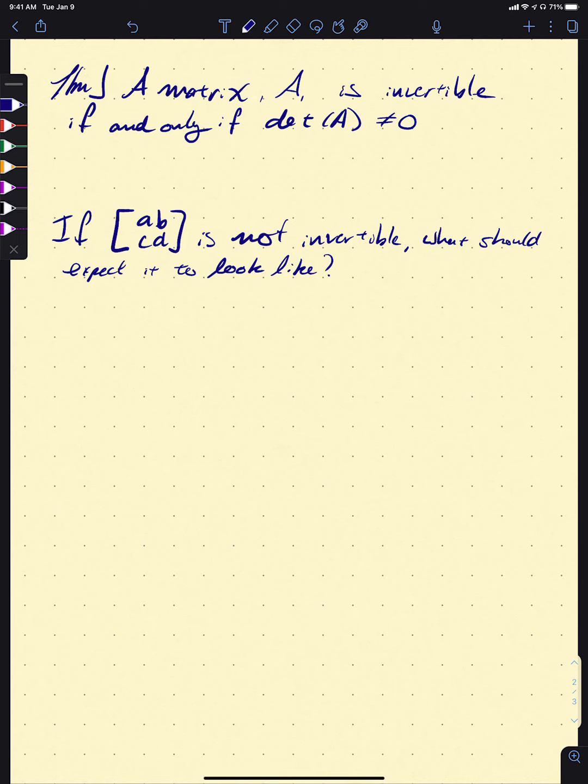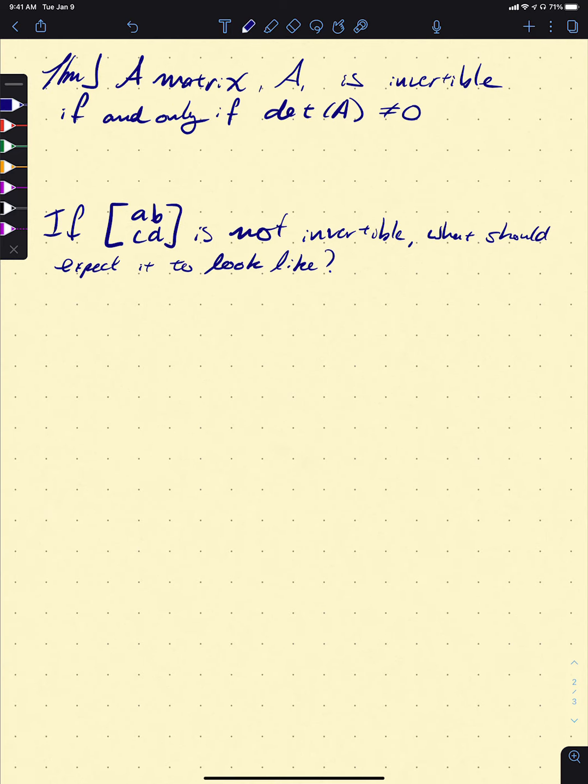Can we quickly at a glance figure out a pattern when it is not invertible? Well, if it's not invertible, then its determinant is 0. So then AD minus CB equals 0, which implies that A times D equals C times B, okay?